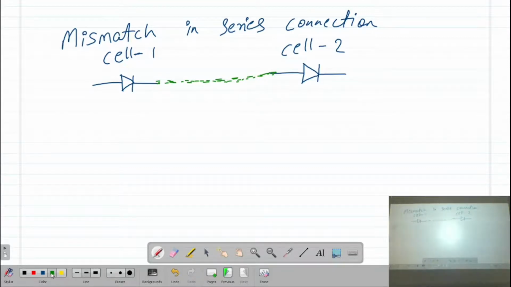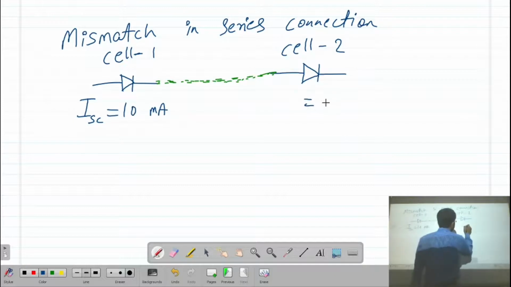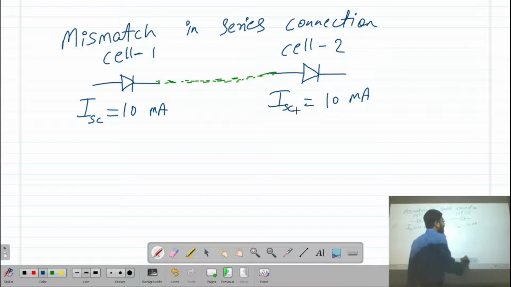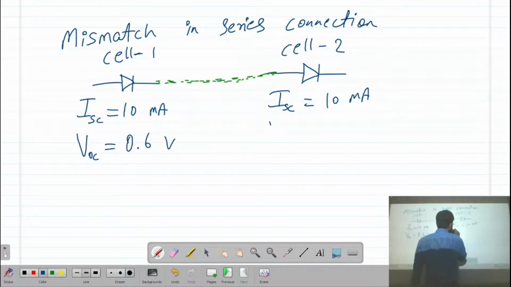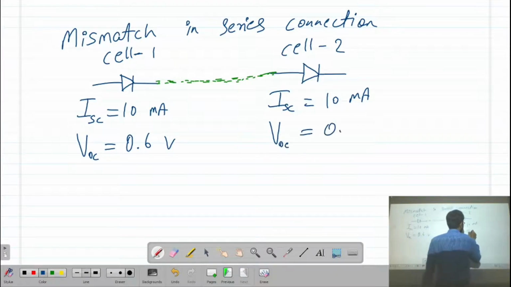Now, for an ideal condition, ISC has to be 10 milliampere for both of the cells, and VOC has to be 0.6 volt.